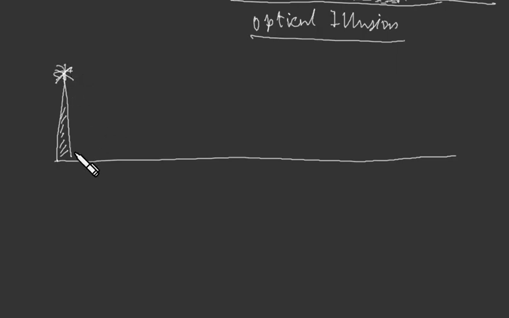So how do we see things? We see things because the sunlight falls on the object and it gets reflected and comes to our eyes. Let's say this is me standing there. So sunlight falls and gets reflected by the object, and then it comes to our eyes and we see the object. That's how we see objects.